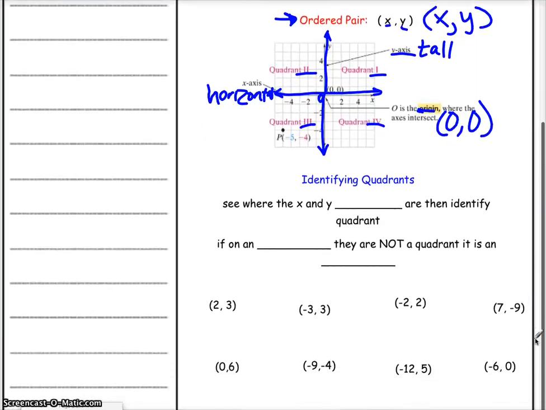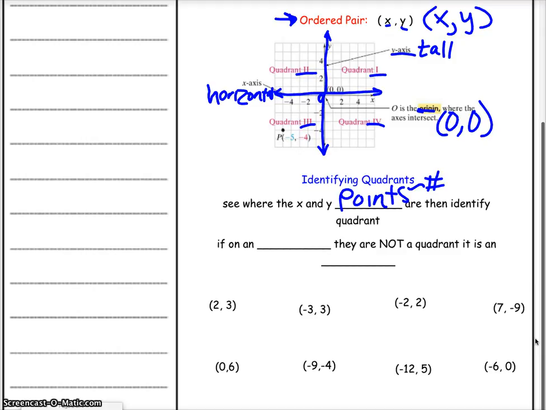All right, let's do the first target here, identifying what quadrant a point lies in. So, what I want to do is I want to see where the x and y points are, and then identify the quadrant. So when I say points, I mean their number, the number they lie in, where I would place them, and then I'll identify the quadrant.